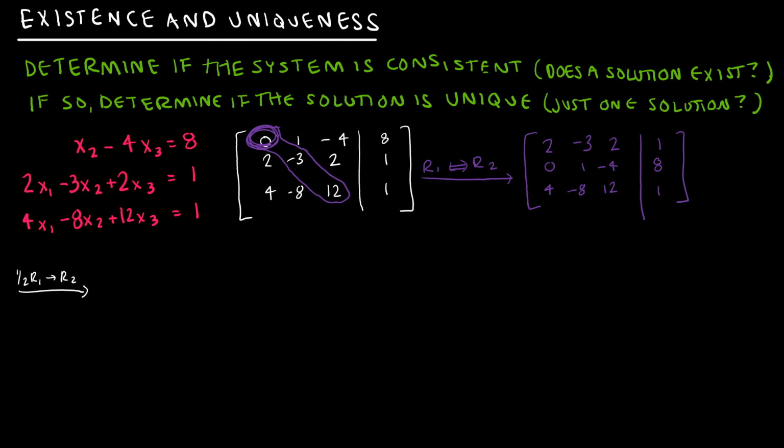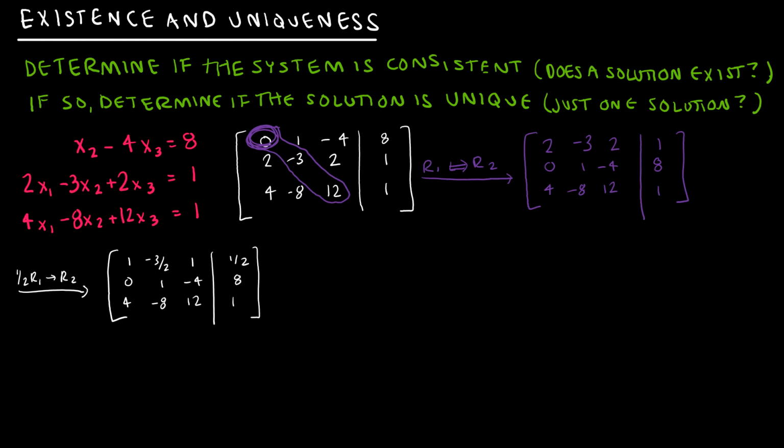So that's using scaling. And so I'm going to get 1, negative 3 halves, 1, 1 half. And this stays the same. And that's a positive 4. 4, negative 8, 12, 1.